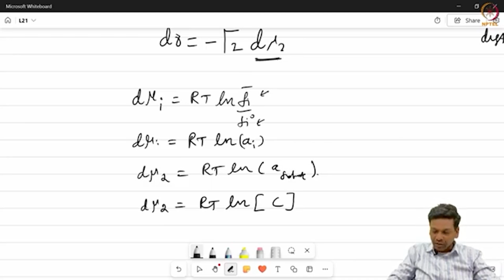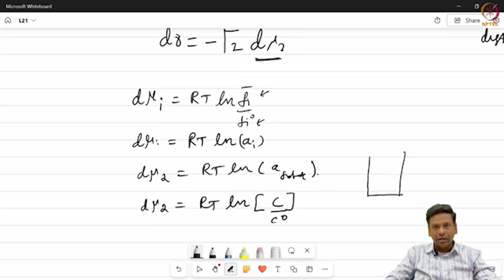Remember, whenever you substitute the value in concentration, it has to be normalized with respect to some reference state. If it is not given, then you can assume it as 1, right? Or you should always normalize the concentration with some standard reference state, that is C by C naught, right?